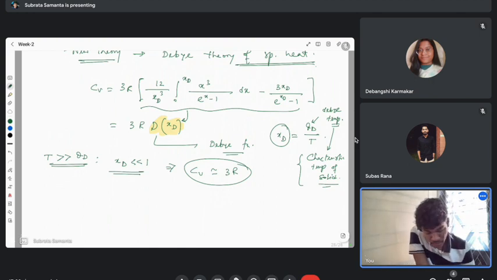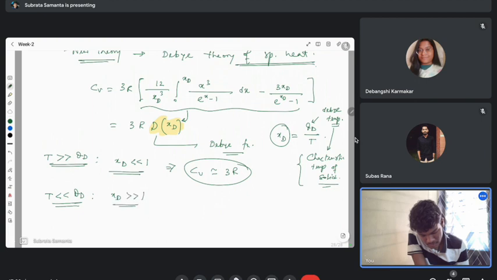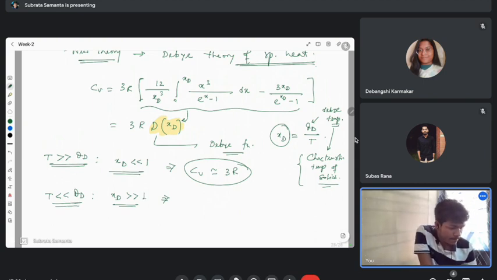So in the high temperature region they go to the same value. But what about the low temperature region? T much less than theta D, which means x_T is much greater than 1.